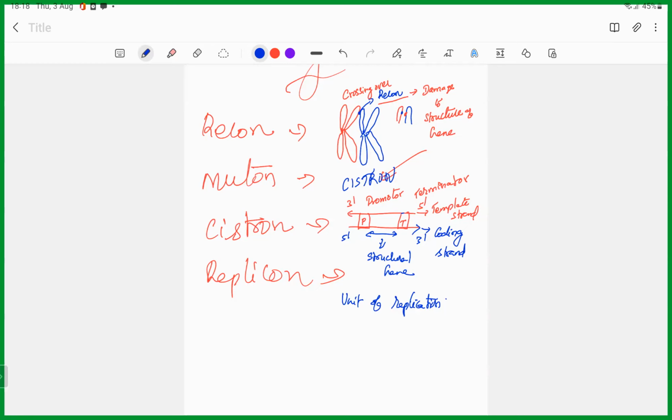Bisexual flower. It has bisexual flowers. Easily observable seven contrasting characters.